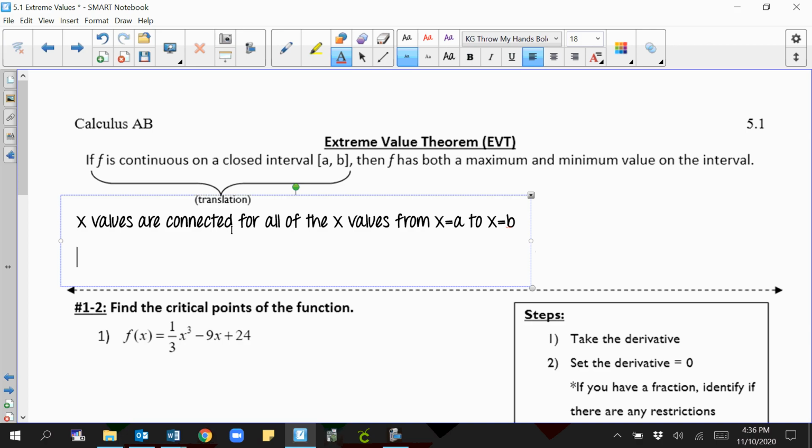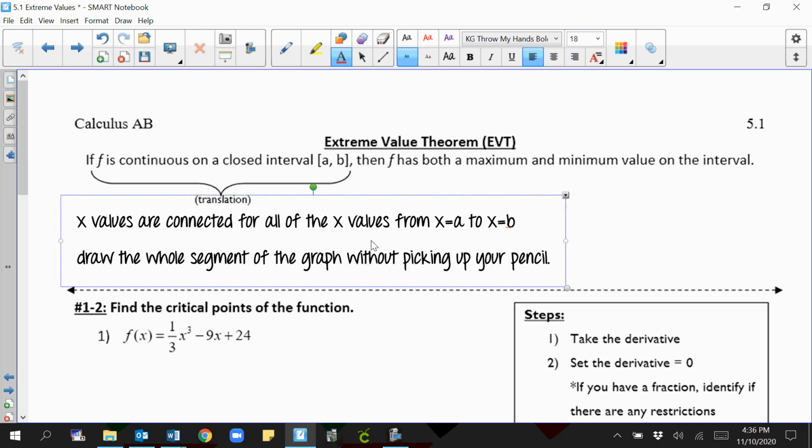Another one is that you could draw the whole segment of the graph without picking up your pencil. And another clarification is that this maximum and this minimum, since we're talking about an interval, is going to be a local max and min for that interval.